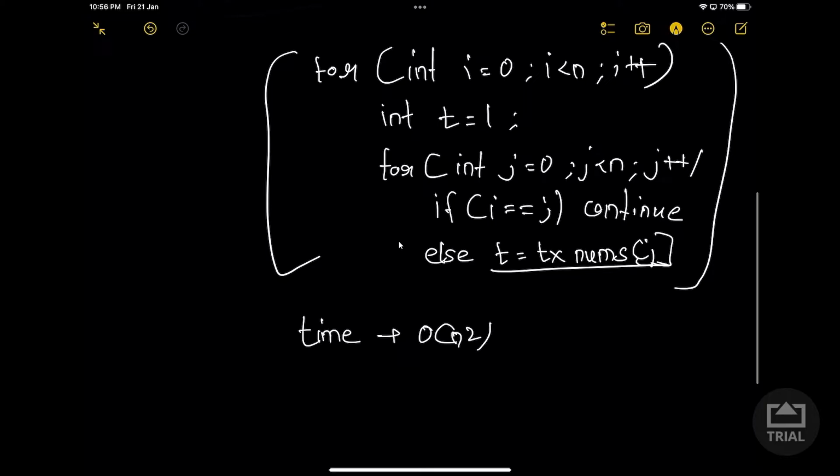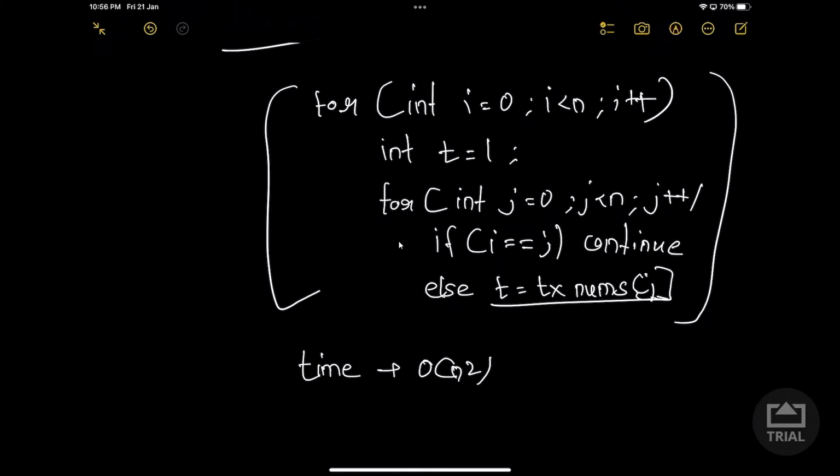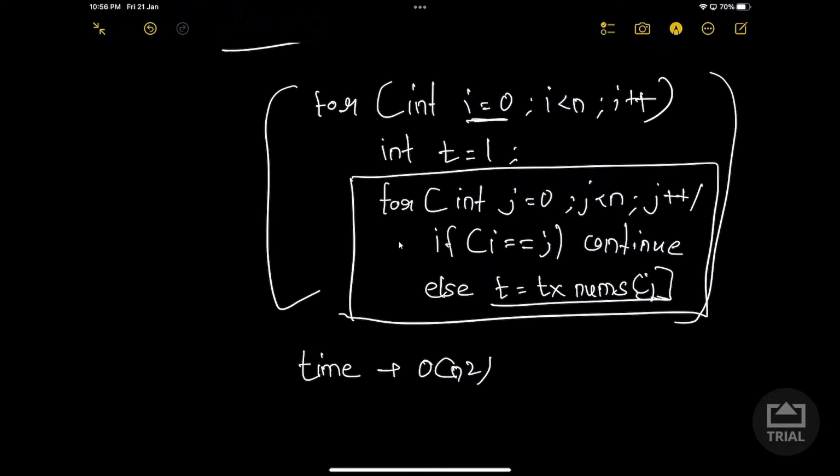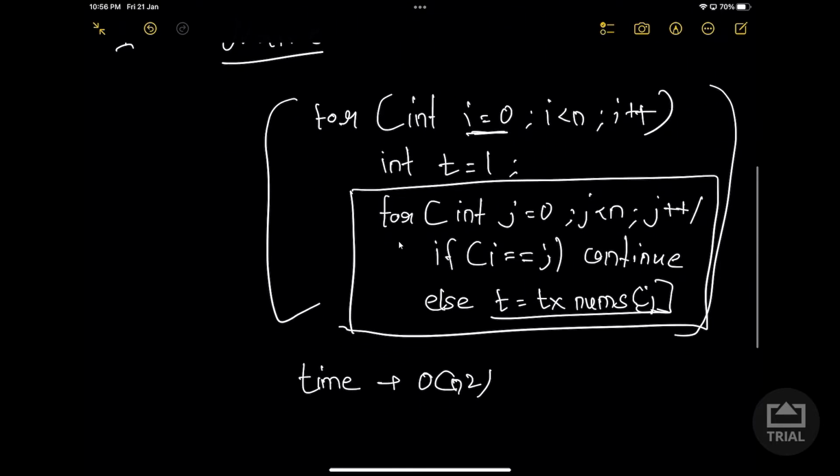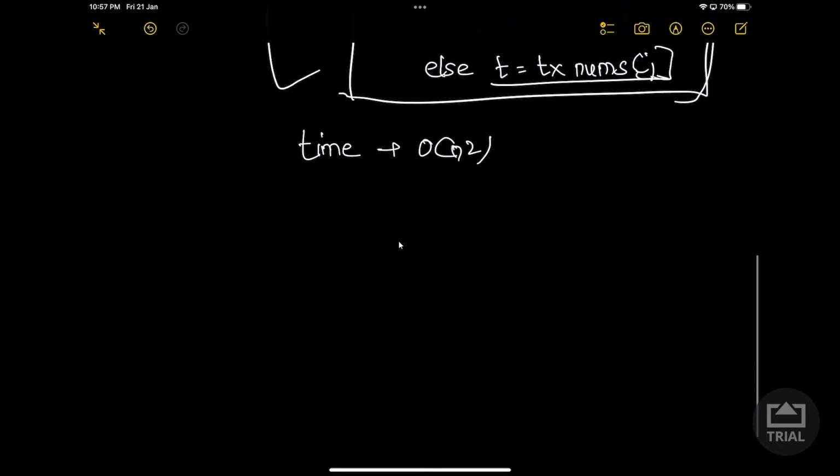Simply what we are doing is, for every index we are finding the value using this loop. Okay, so this is a brute force approach, and this is very trivial, with time complexity of n square.